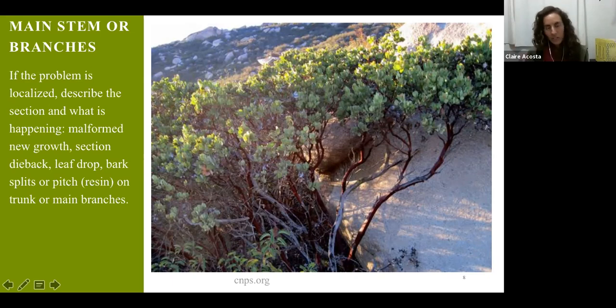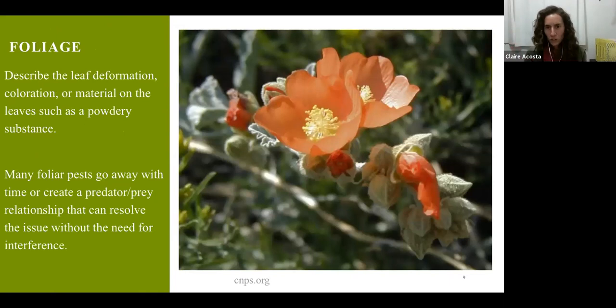Next, the foliage, so leaves. Describe any deformation or discoloration or whatever oddities you might see in the leaves. I wish this was a picture of the leaves, but it's a flower. Something like the mallows, they tend to get leaf miners quite frequently on their leaves. Or galls that you would typically see on a manzanita or a scrub oak.